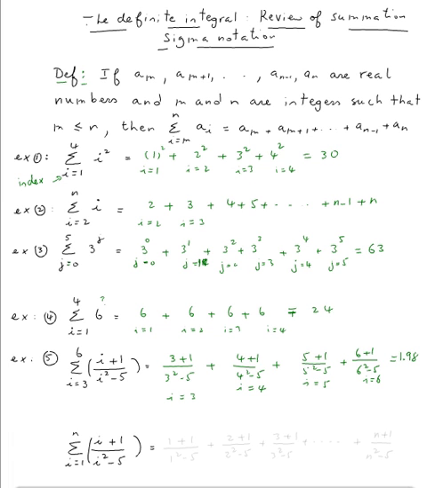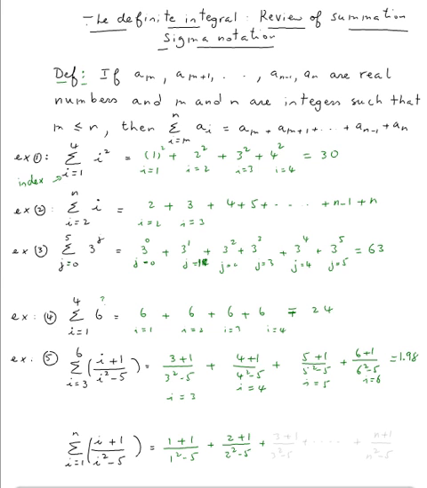1.98. The last example is actually the same thing, except we go from 1 to n, and this is how you're supposed to write it. For the first term we plug 1 into i, so that's going to be 1 plus 1 over 1 squared minus 5. Plus we plug in 2 for i, we get 2 plus 1 over 2 squared minus 5.